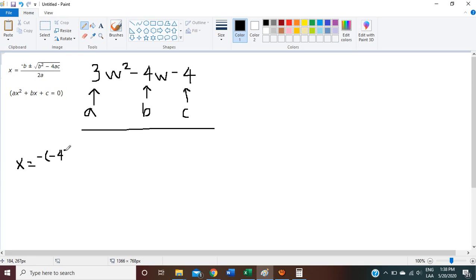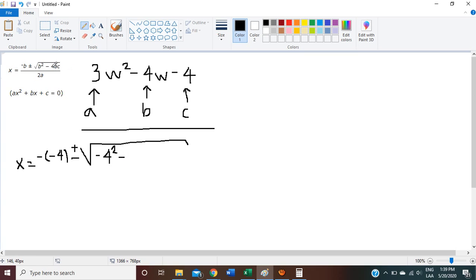See the symbol? It is actually two symbols, plus and minus. We open our square root, and we are asked about b again. B is negative 4, and it is going to be squared.